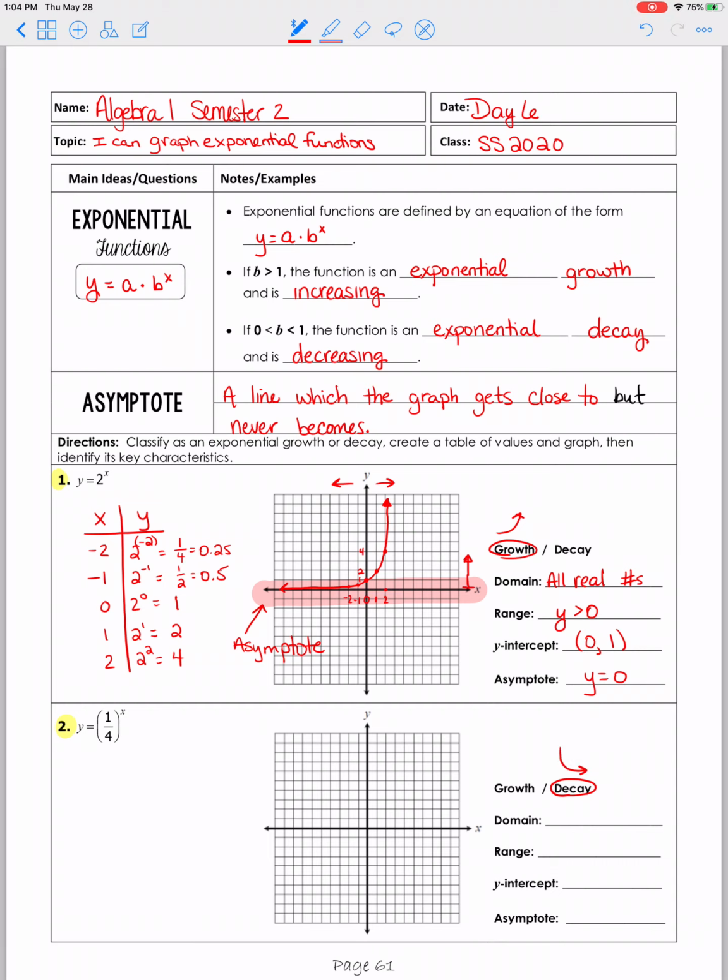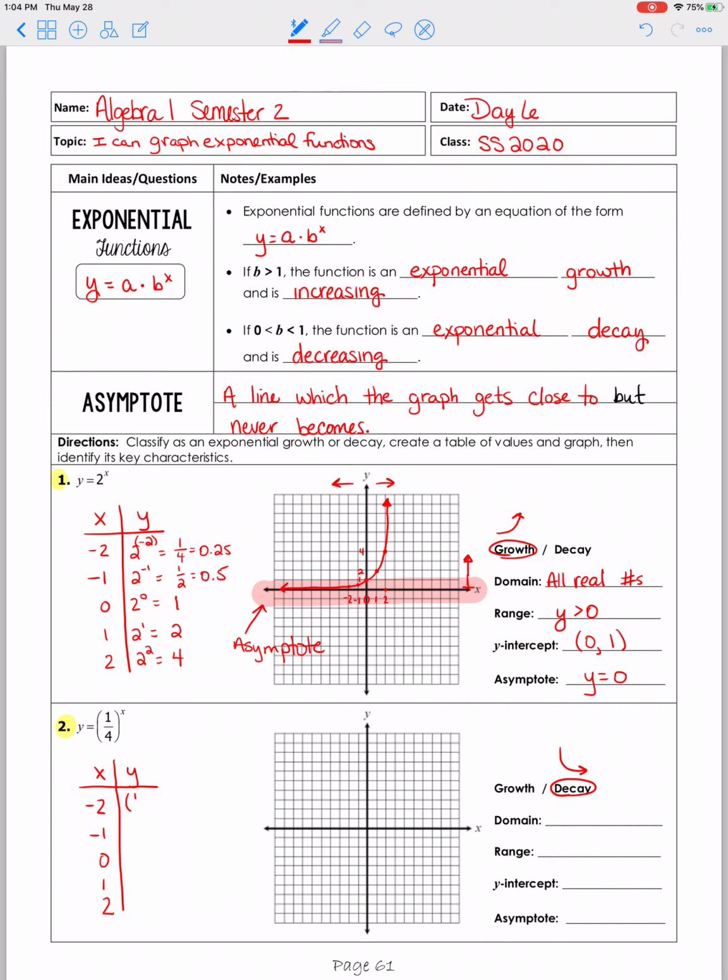Now our function is going to look like this: a decreasing function instead of an increasing function. So when we use our table, we can plug in some values. Again, let's go from -2 to +2. That's always a good starting place for functions when you're trying to get a picture of what they look like.